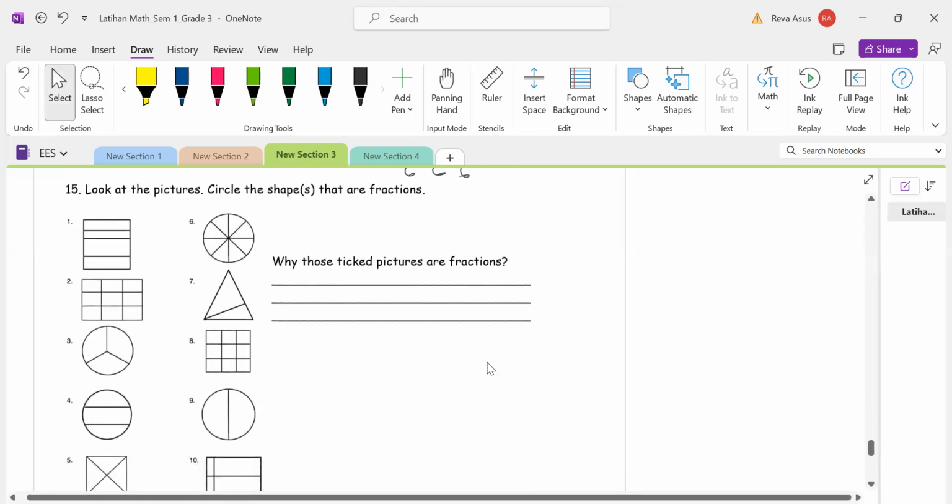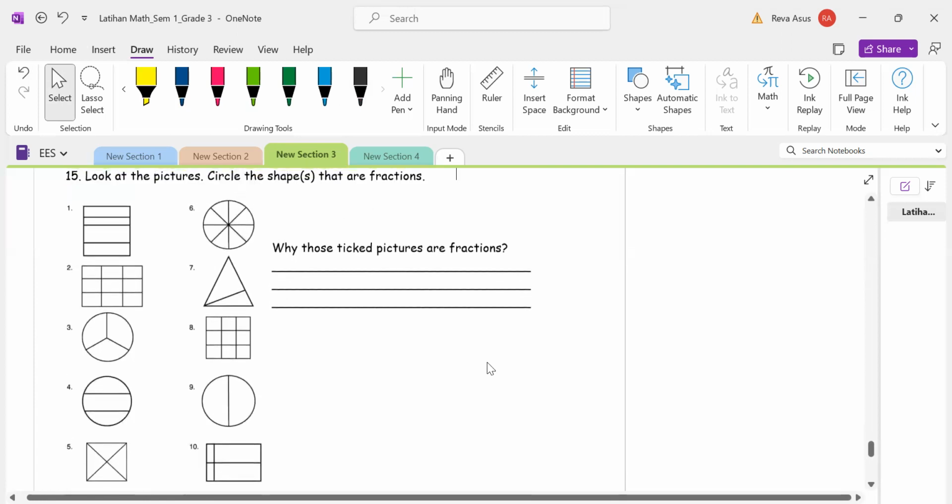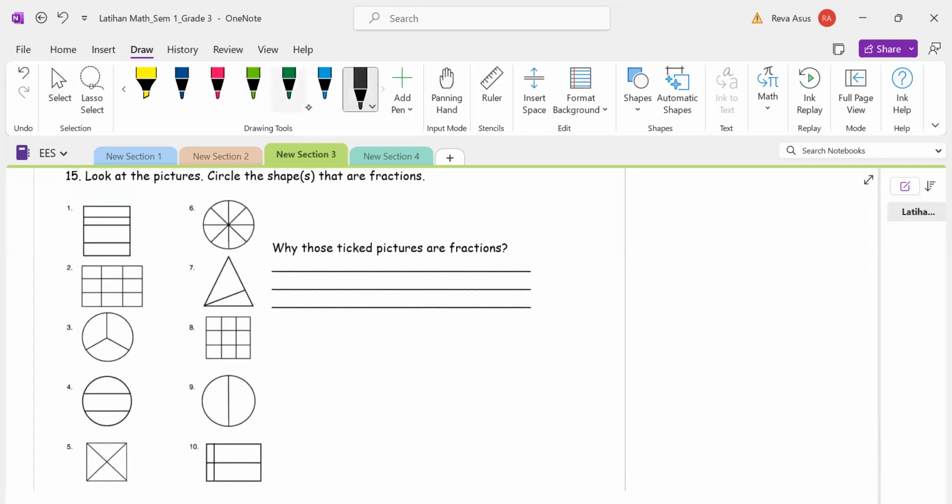Okay, so number 15. Look at the pictures. Circle the shapes that are fractions. The circles that are fractions are this, this, this, and then this, and this. Why are those circled pictures fractions?